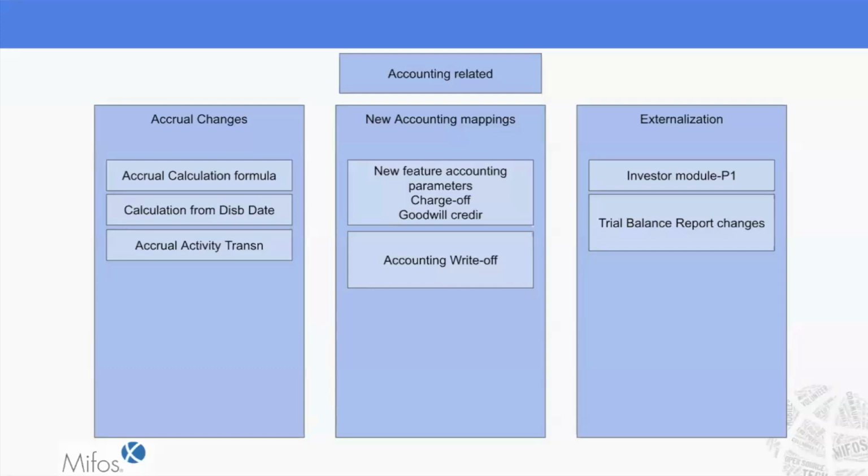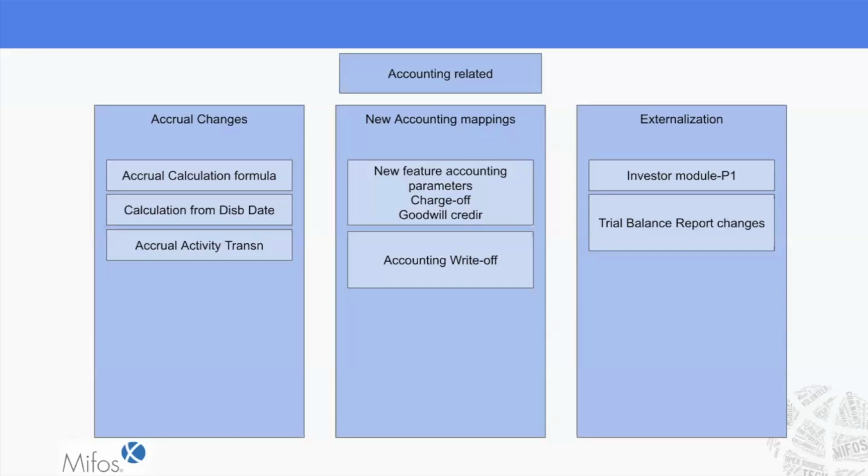By default, accrual starts from the disbursement date plus 1, so we had to enable an option where interest calculation starts from the disbursement date itself. A new type of transaction we have introduced is the accrual activity transaction. This is not a monetary transaction. It is a periodic accrual that cuts off at each installment level to record the accrued interest. This is required by the accounting team to know what accrual activity was done at the installment level.